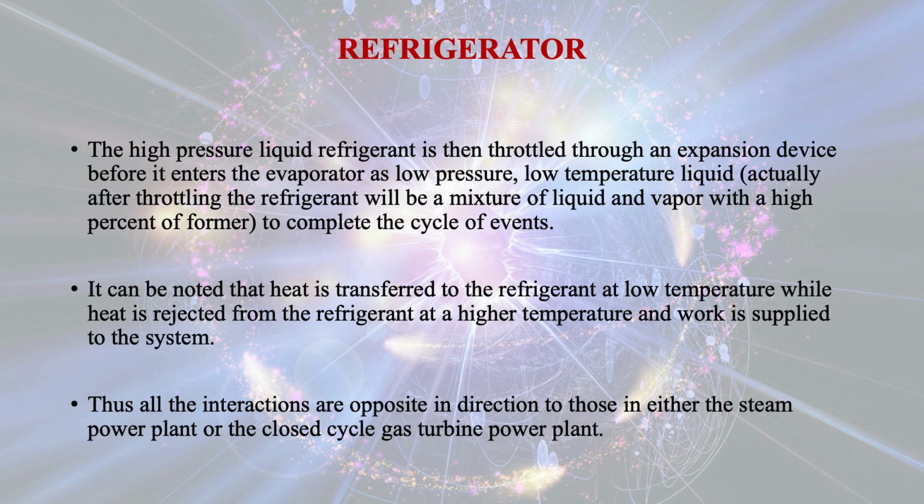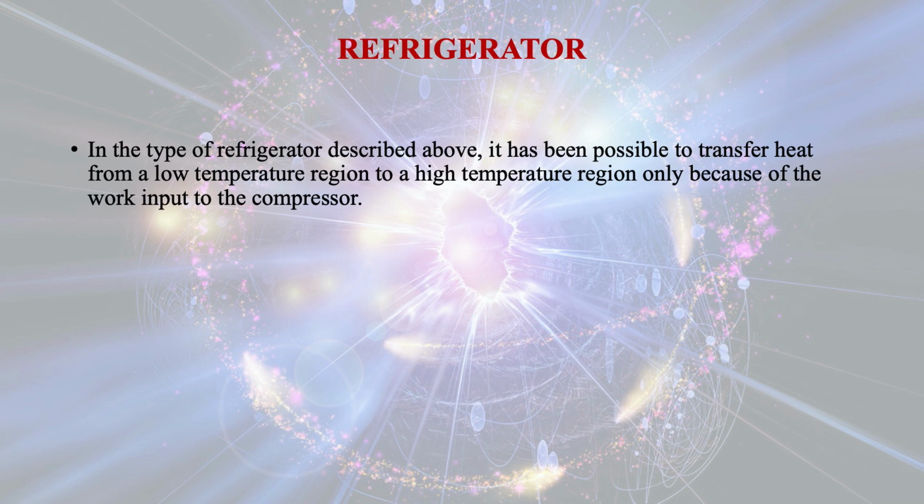Thus, all the interactions are opposite in direction to those in either the steam power plant or the closed cycle gas turbine power plants. In the type of refrigerator described above, it has been possible to transfer heat from a low temperature region to a high temperature region only because of the work input to the compressor.